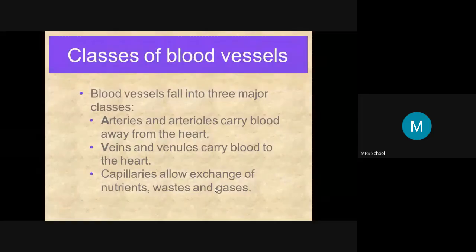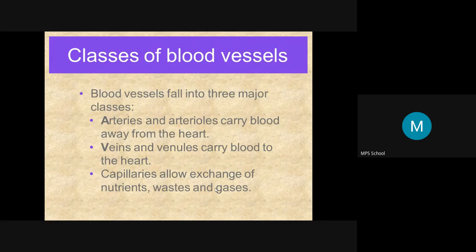Like the trachea divides into bronchi and bronchioles, the arterioles are the subdivision of the arteries. Clear or still doubt? See, arterioles are the subdivision of the arteries, like branches.